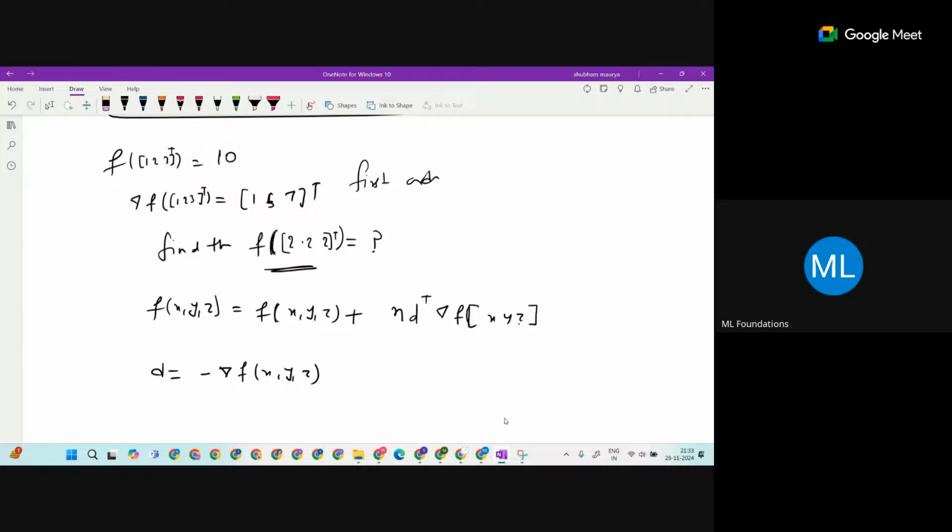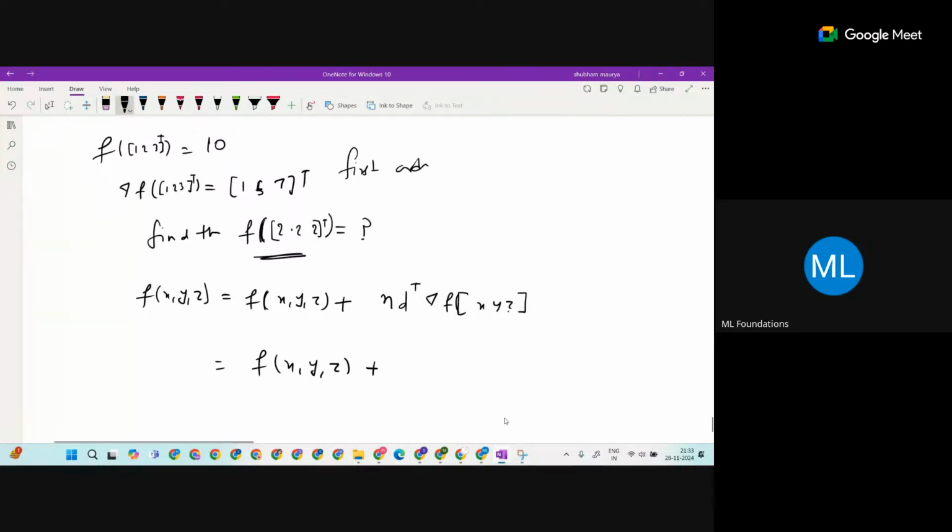Okay. Now let me write for our case. At least for my case, then it will be more clear. So sir, the left hand side f will not be x, y, z. It will be a different value, the new coordinate.